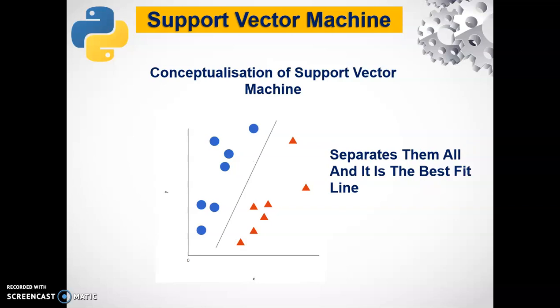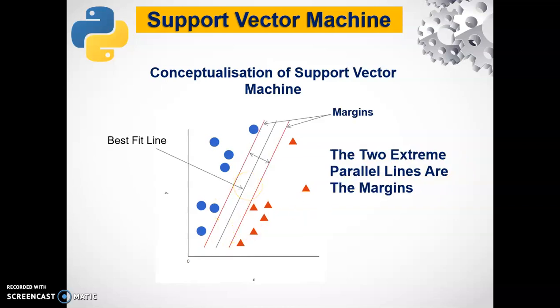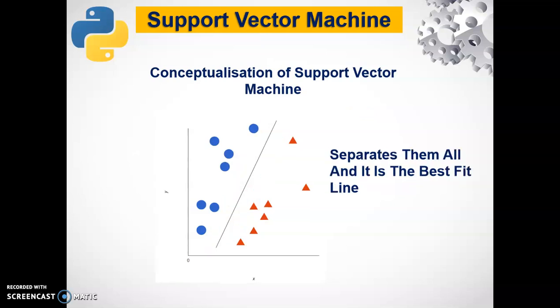If we draw a line like this, it separates them all and it is the best fit line. So here our objective is to find the best fit line or best hyperplane in a multi-dimensional space that separates the points in a test data.